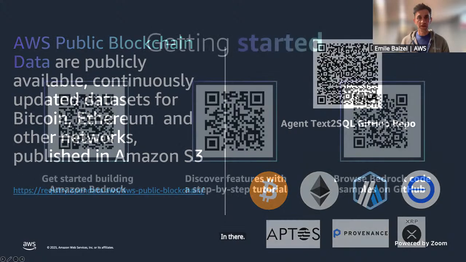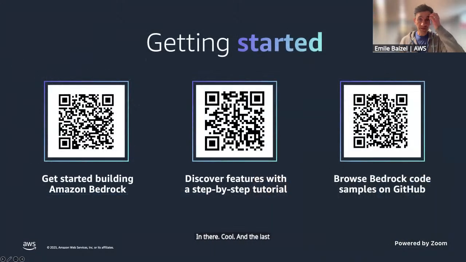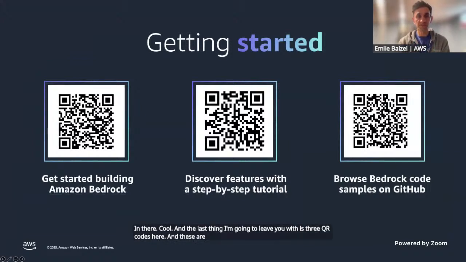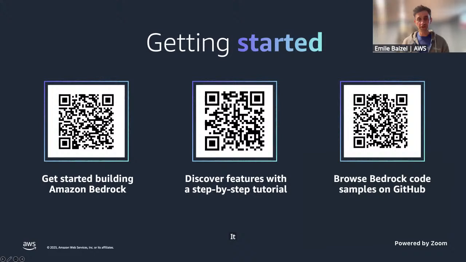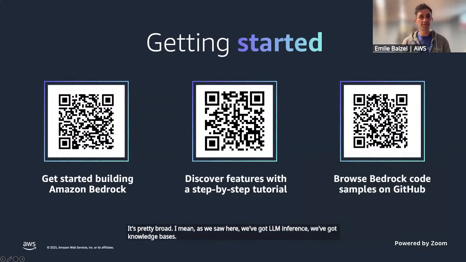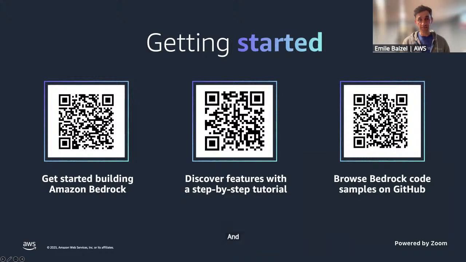Cool. The last thing I'm going to leave you with is three QR codes, and these are for helping you get started. On the left is our documentation for Amazon Bedrock. It's pretty broad. As we saw here, we've got LLM inference, we've got knowledge bases, we've got agents, but that's a great place to start. If you like YouTube videos, we have a lot of YouTube videos.